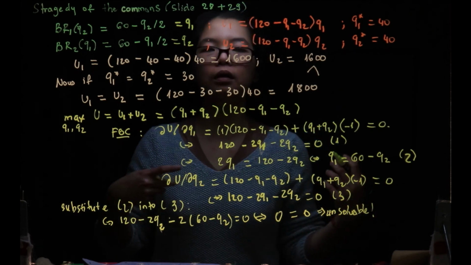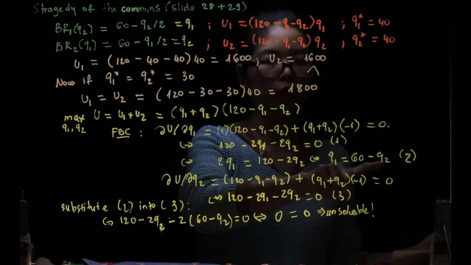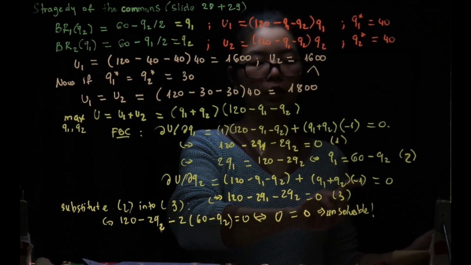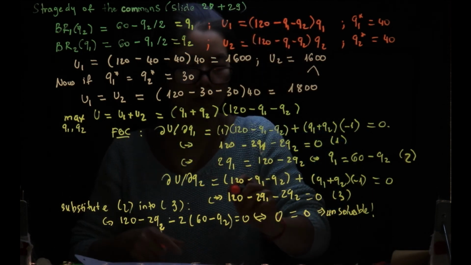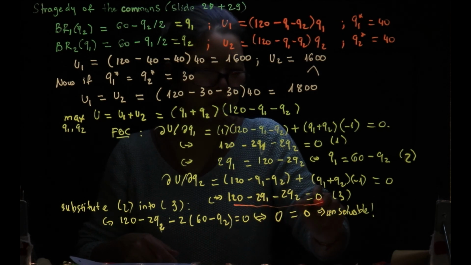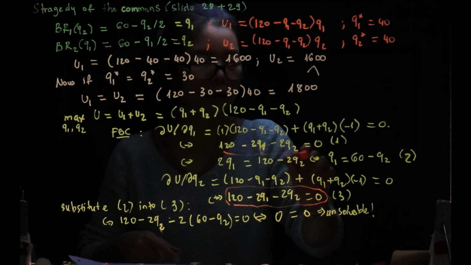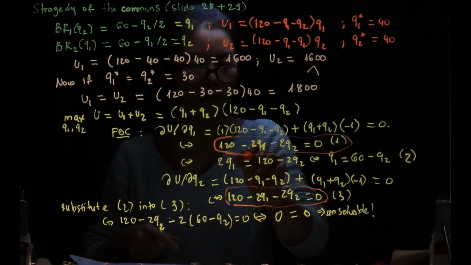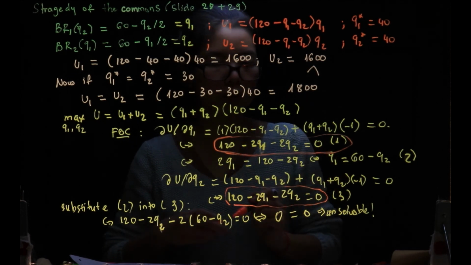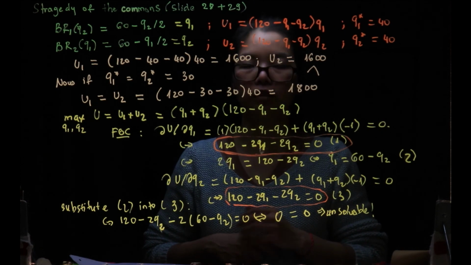Right? Why? If you have realized earlier, these two equations, the first one and the third one, are actually identical. Nothing different there. So you have two variables, but your system is now down to only one equation. That's under-identified.